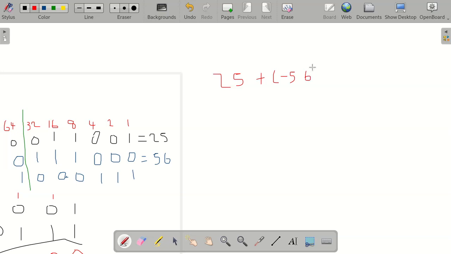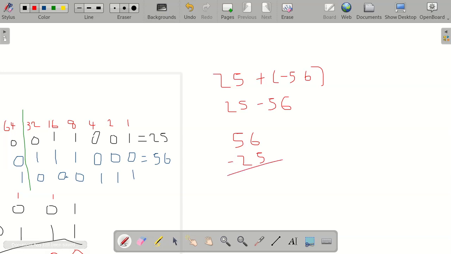So in mathematics, we know positive times negative, we get a negative. So we say 25 minus 56. So 25 minus 56 in general terms is the same as 56 minus 25, but we maintain the sign of a bigger number. So we say 56 minus 25.